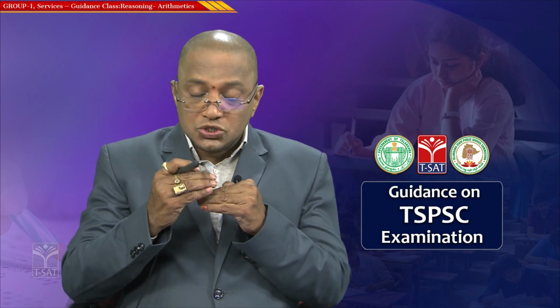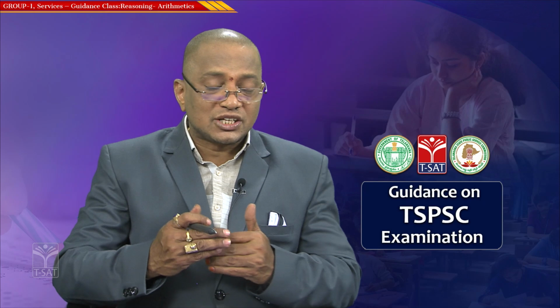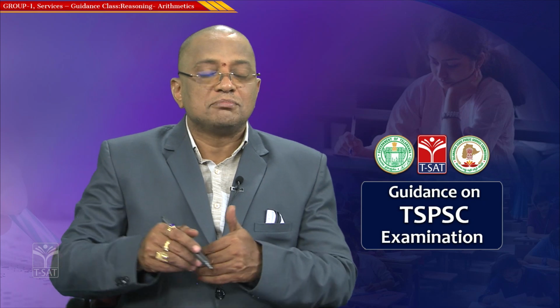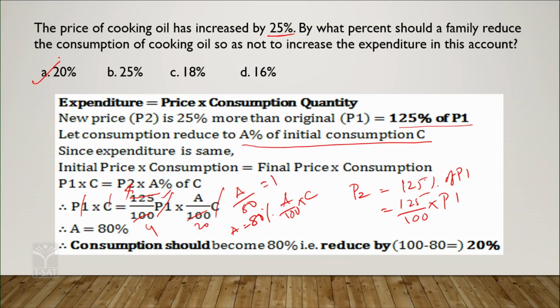In this manner, you can calculate how much percentage of consumption of cooking oil is to be reduced. So, if the price of cooking oil is increased by 25%, you have to reduce the consumption of cooking oil to 80%, means 100 minus 80, that is 20%. You have to reduce consumption by 20%.